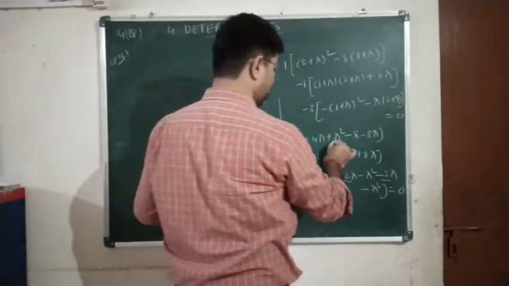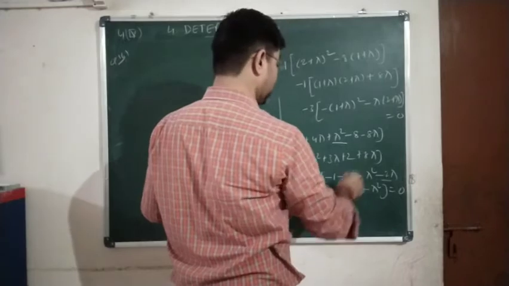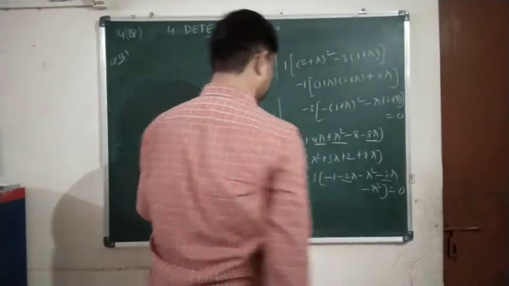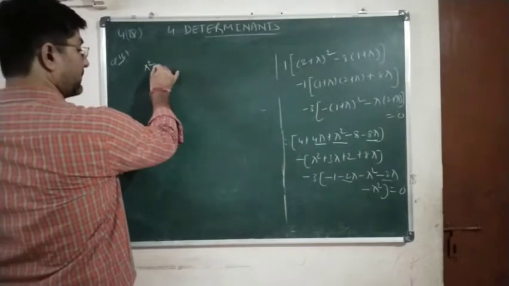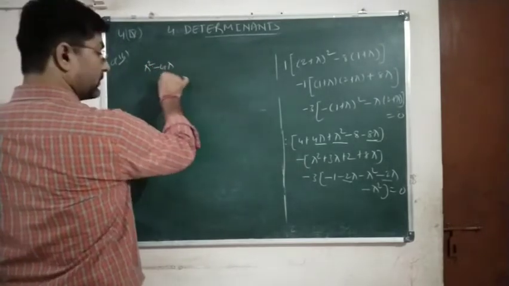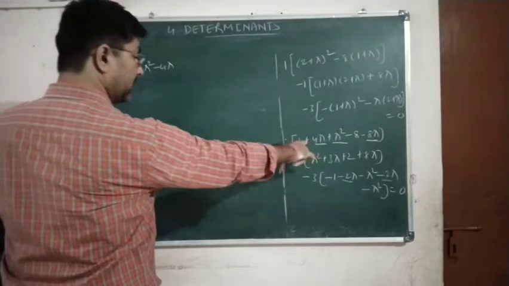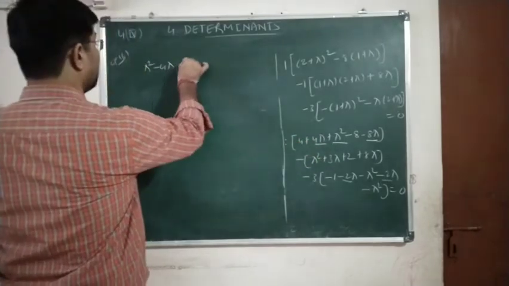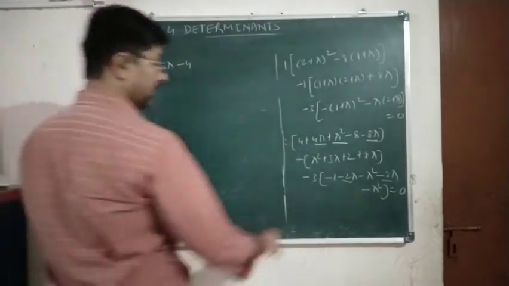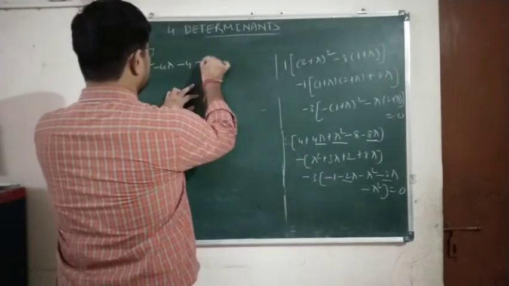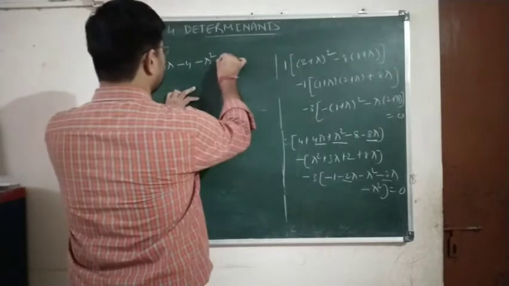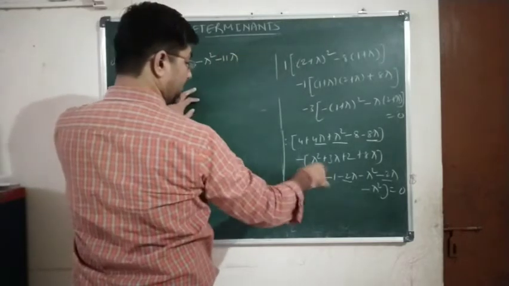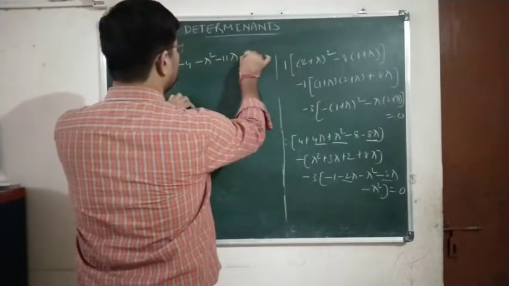So if you solve, lambda square, 4 lambda minus 8 lambda minus 4 lambda, and 4 minus 8 will be minus 4. Again minus lambda square, because outside we have minus, 8 plus 3 is 11, so minus 11 lambda and minus 2.